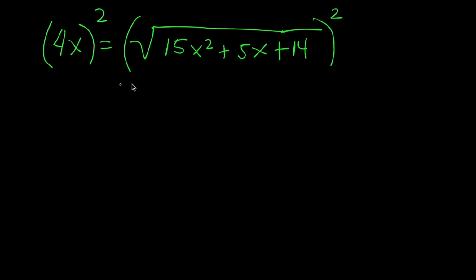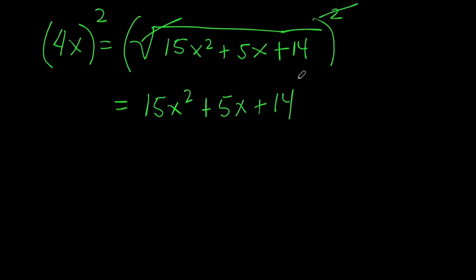Now we remove the square root. The remaining on our right side is 15x squared plus 5x plus 14. And when we square the left side, we have 4 squared, that is 16, and x squared.